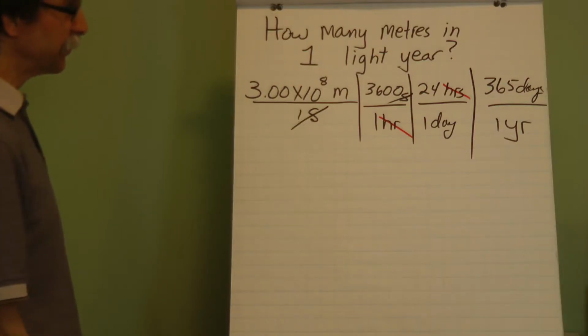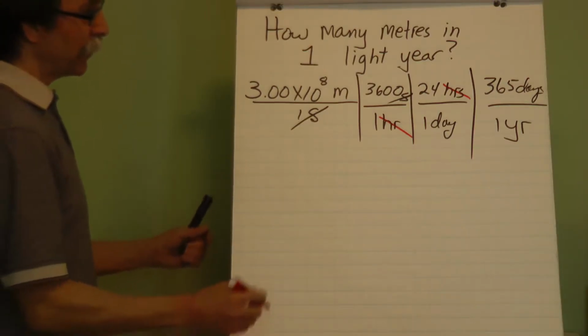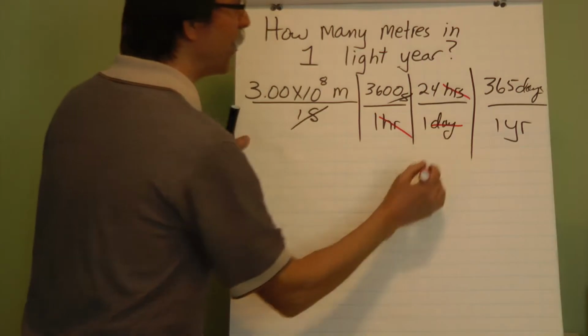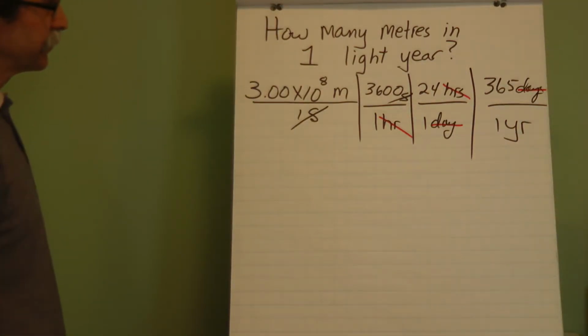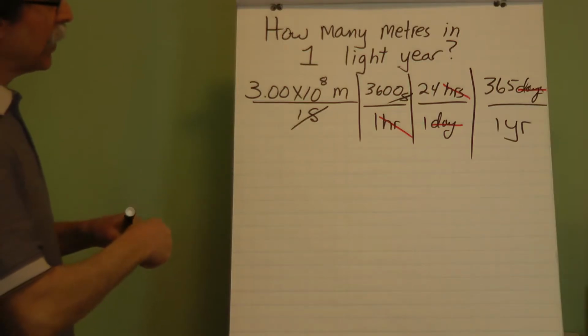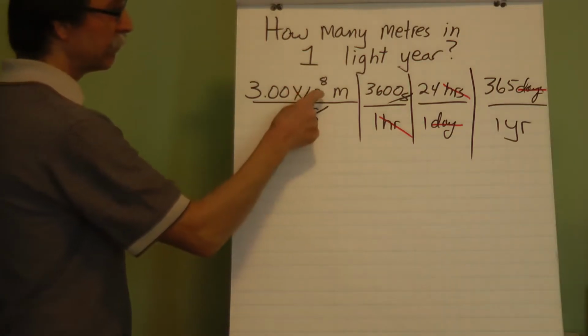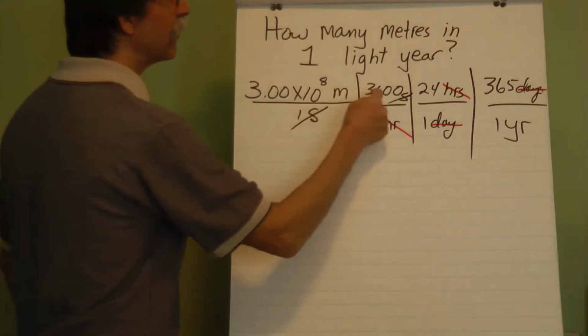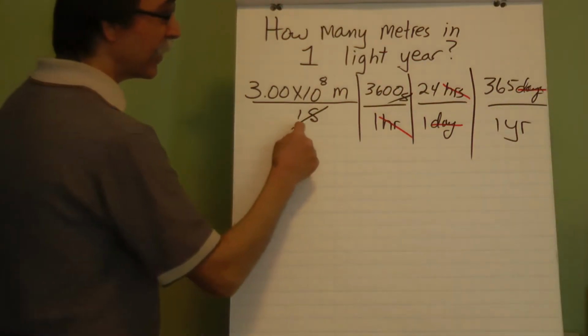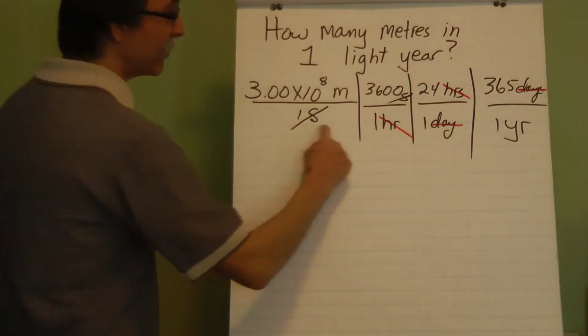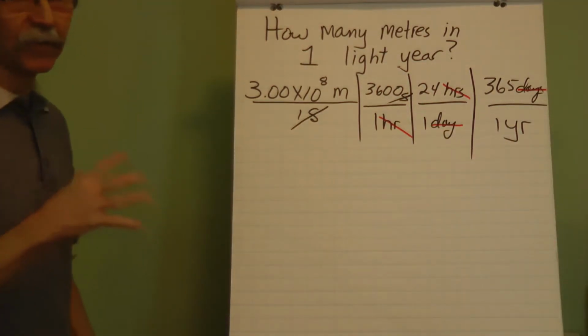Cancel those out. We have a day on the bottom and a day on the top. They all get canceled out. And guess what? We've got meters on the top. Every other unit's canceled out. We have year on the bottom. Every other unit's canceled out. So we've got exactly what we want.